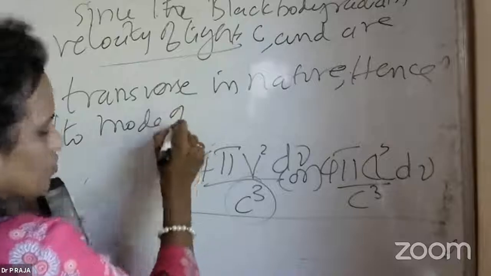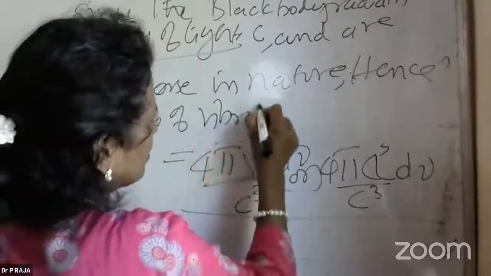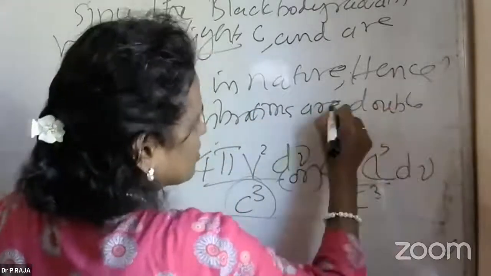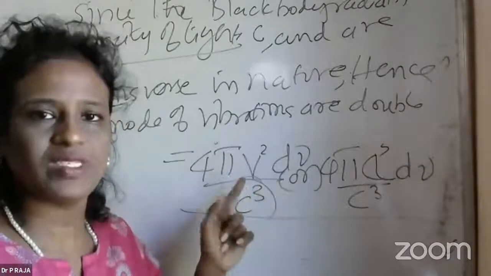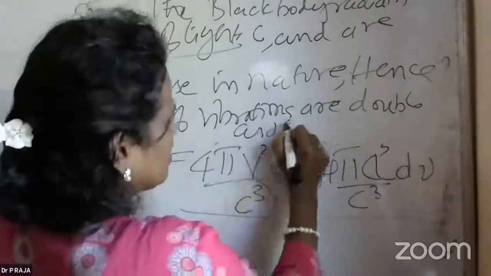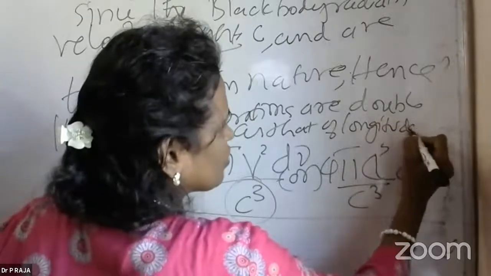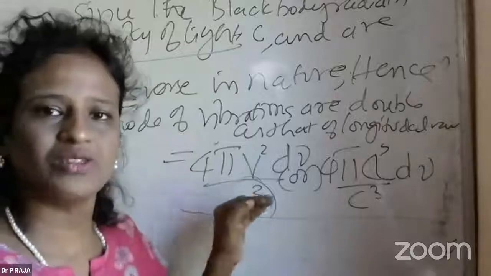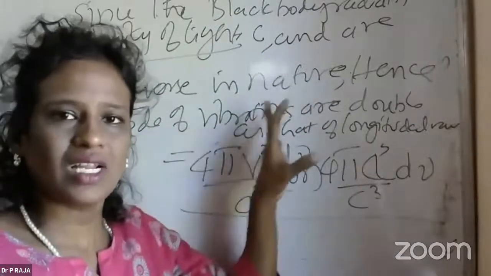In the case of a longitudinal wave it is single, in the case of a transverse wave it is double. If it's a longitudinal wave, we need not worry, but it is found to travel in the case of a transverse wave pattern.